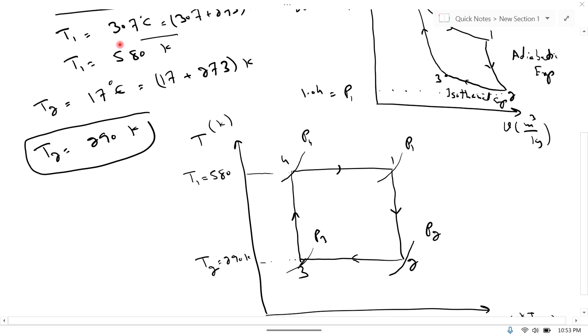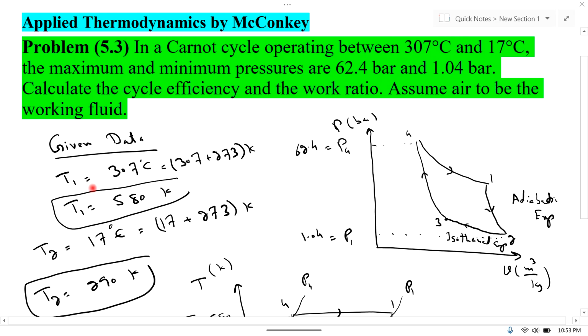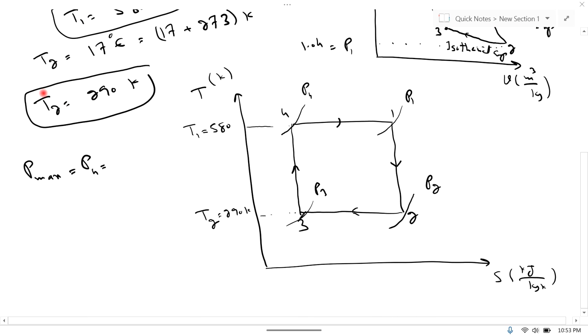Now the maximum pressure is P4. P maximum is equal to P4, which is equal to 62.4 bar.